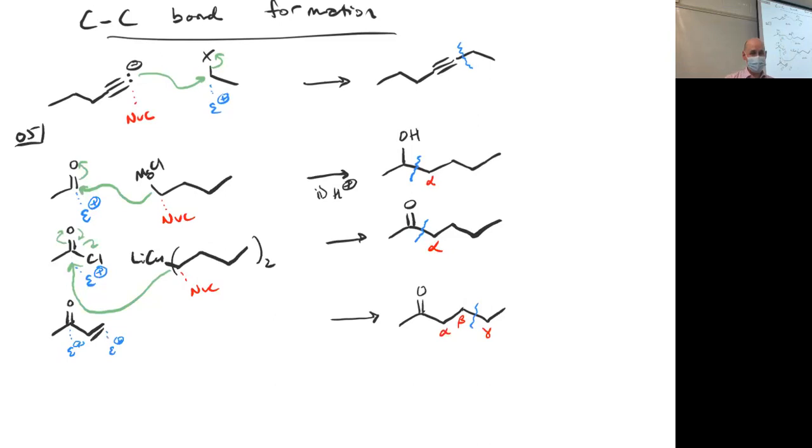So if you added a Grignard to this thing, it wouldn't join onto the beta carbon, it would directly attack that carbonyl and basically do the same thing we've got up here. So what kind of carbon nucleophile would we need instead of Grignard? It's the other one. We wrote it up here already. It's not this one.